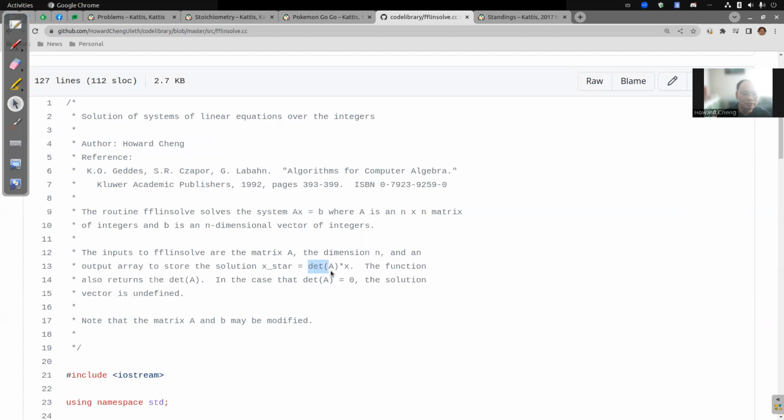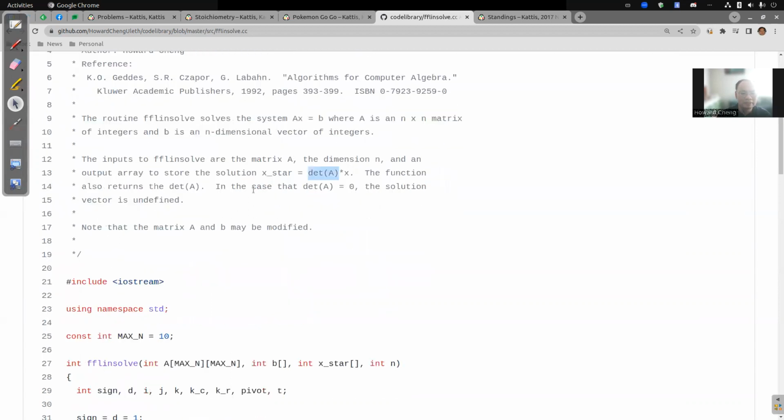And then it gives you determinant A, which, if you know linear algebra, is the determinant of the matrix. If you divide every entry by the determinant, that will give you the correct fractions for the solution. In other words, it gives you the numerator and the denominator of the fraction.